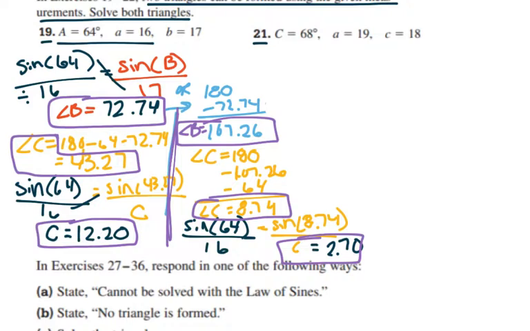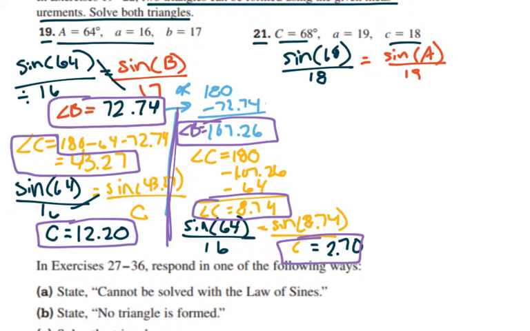Alright, and then we get to do the same thing for the next one, only now they're giving us a C instead of an A proportion, so it's just sine of 68 over 18. Set that up with the same proportion. Looks like we are looking for A this time.